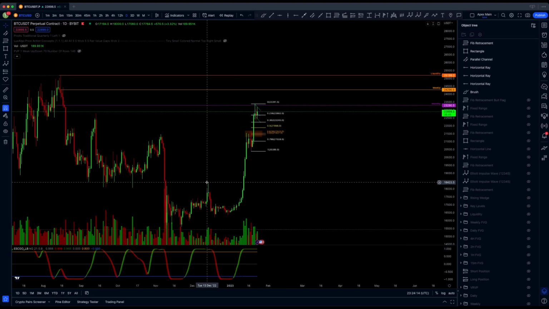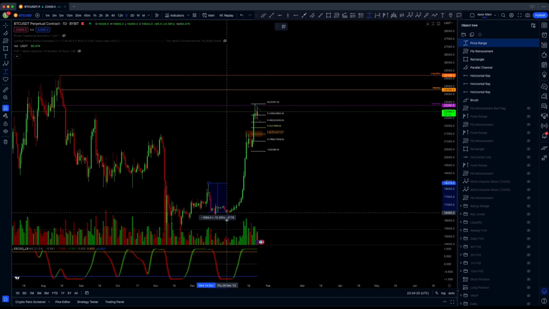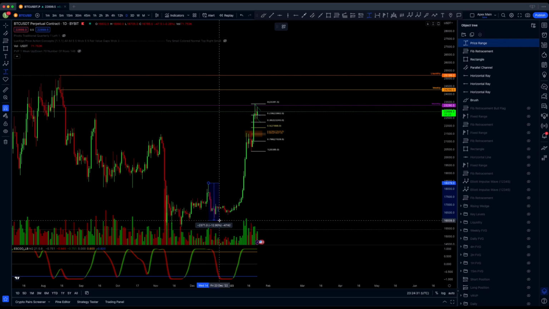Now this distance is, again, well, you could map that out quite actually, couldn't you? You could say, well, how long is that? So let's see, price range. This one was from the time at the bottom. Let me just take the magnet tool off. I hate the magnet tool sometimes when you're trying to do this.